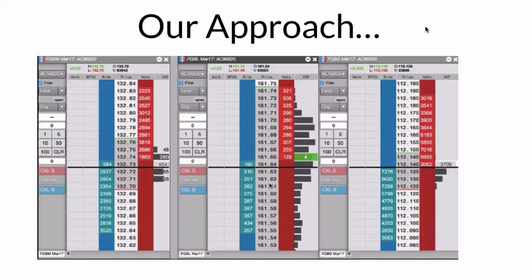So what we're trying to do is identify spots where the markets are either out of sync or completely in sync. So in this example here, we can see that the Bobble is kind of in the middle of its range. The Bund is actually on its way down, and the Schatz is actually pushing up.